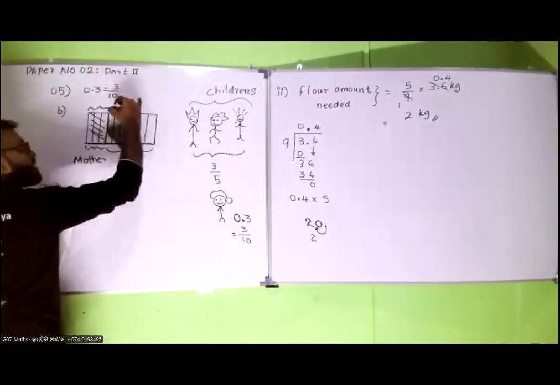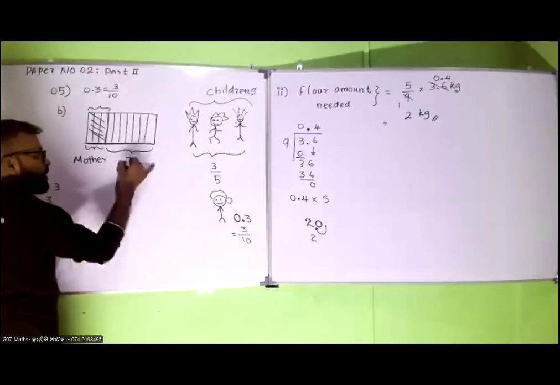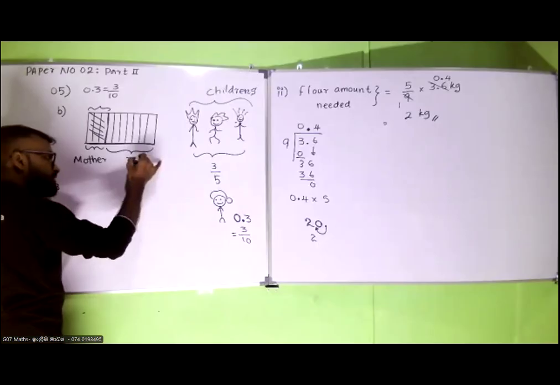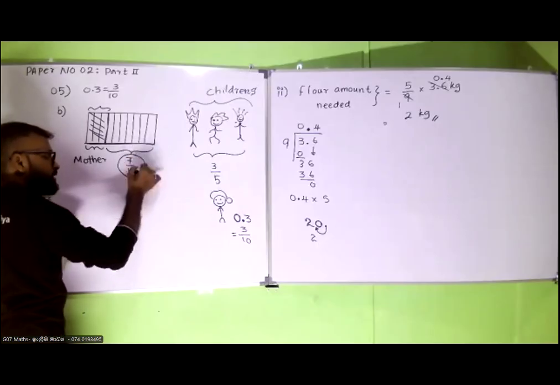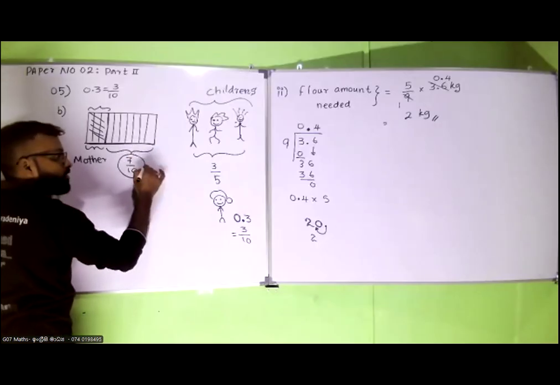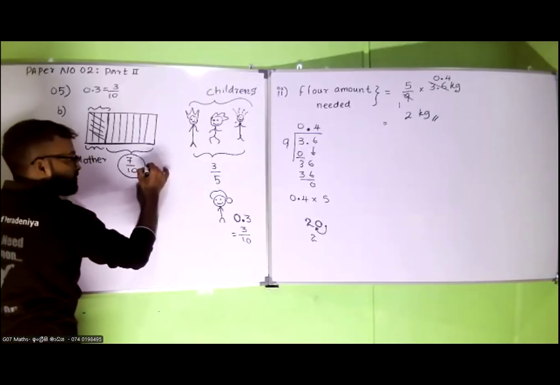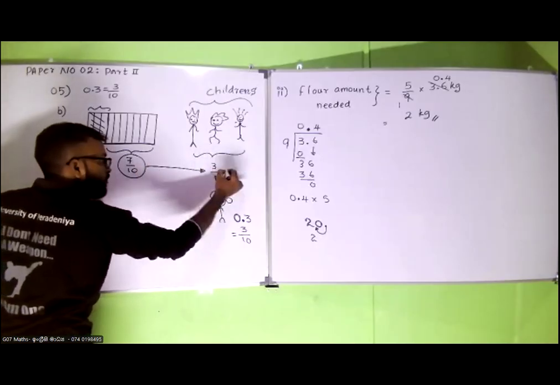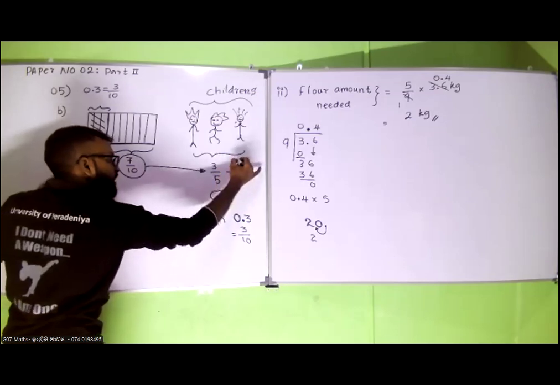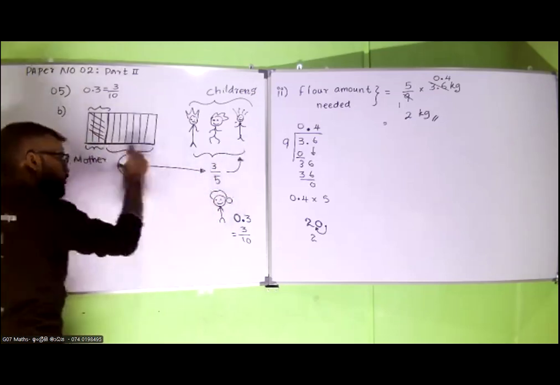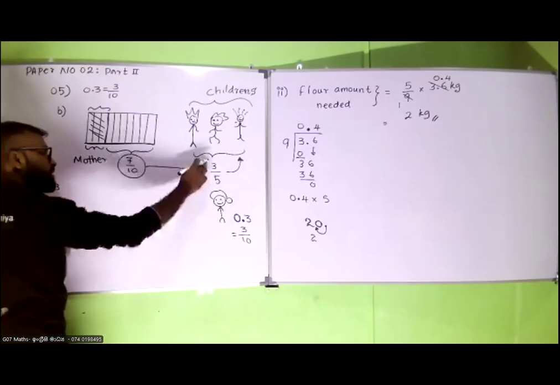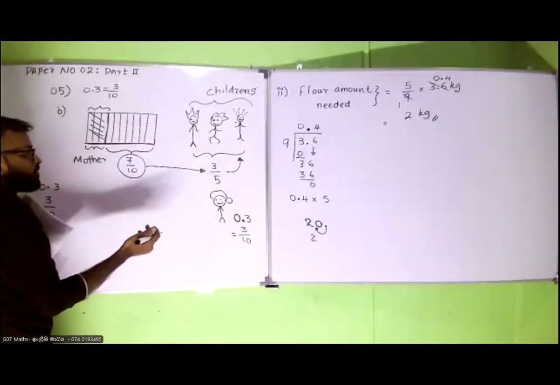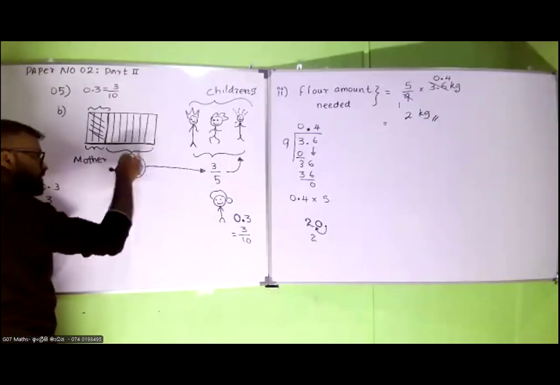Then we again have 7 upon 10. Out of this 7 upon 10, the father is giving 3 upon 5 to the 3 children equally.